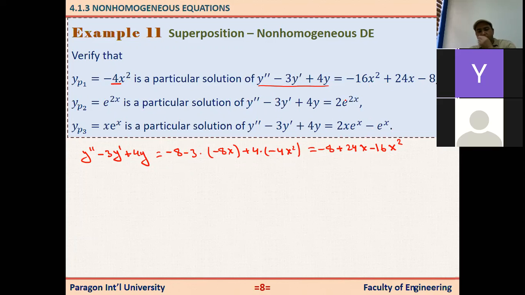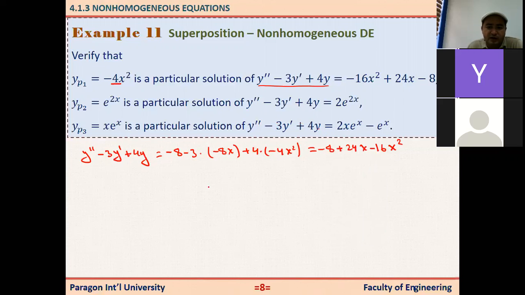Okay. Similarly, this one is also a particular solution of this equation. You can check this: differentiate twice, differentiate once, and substitute here, evaluate, and you will get this function. And also this one is a particular solution of this. Okay. So as you see here, the left-hand side is not changing.